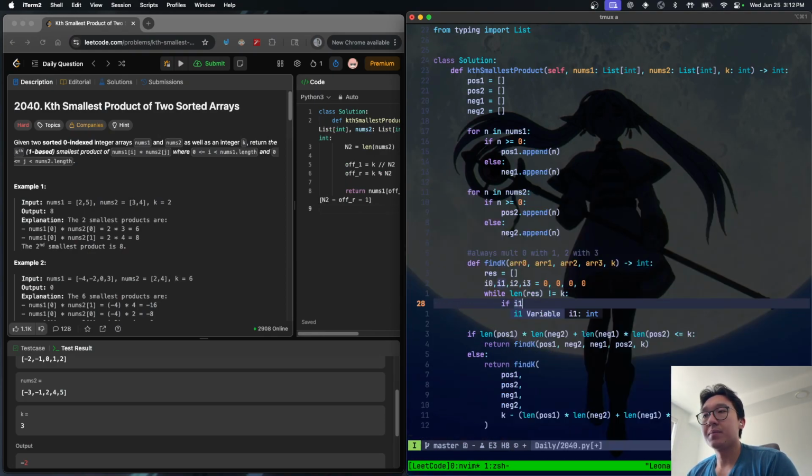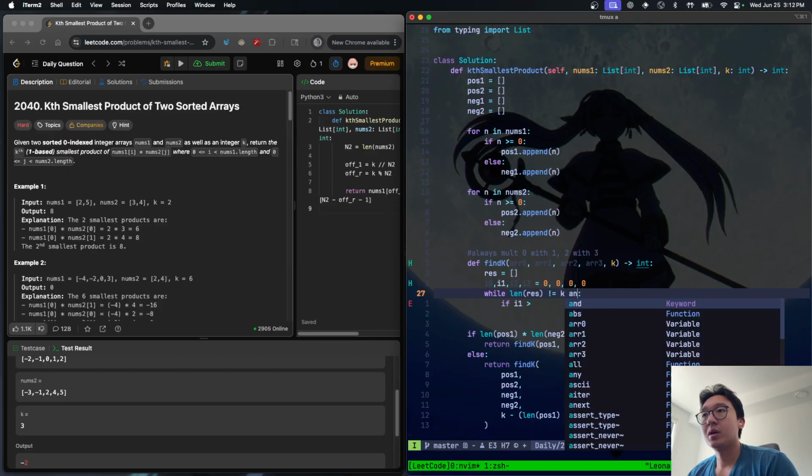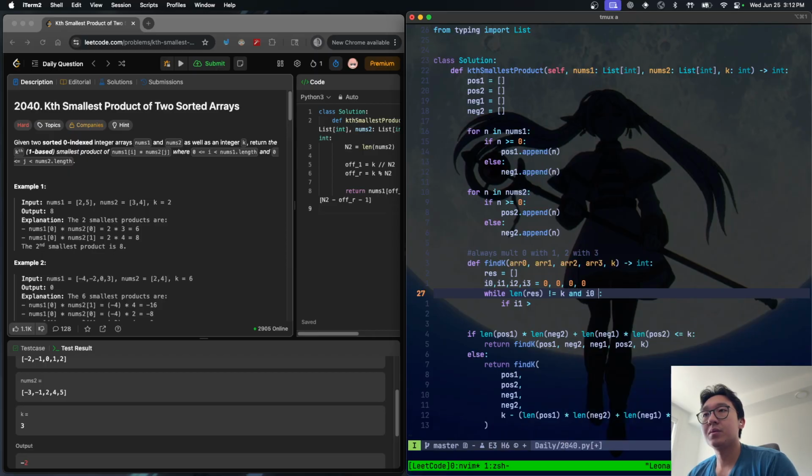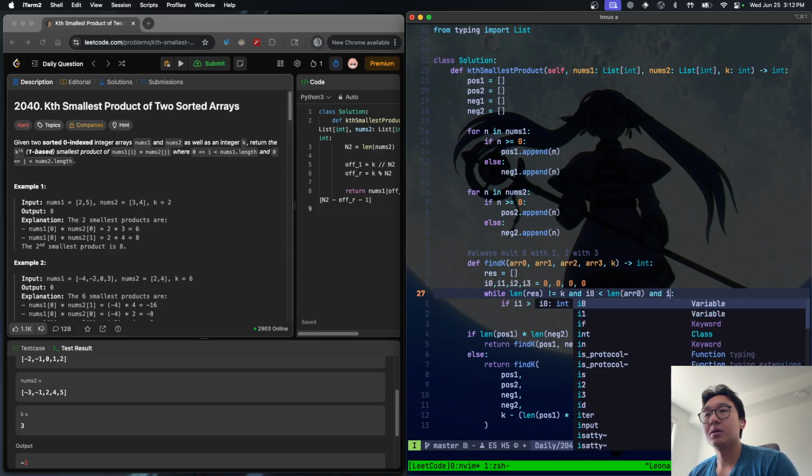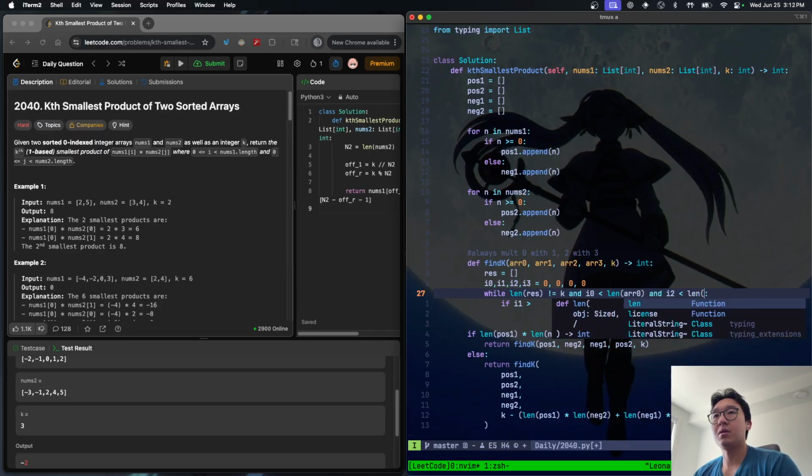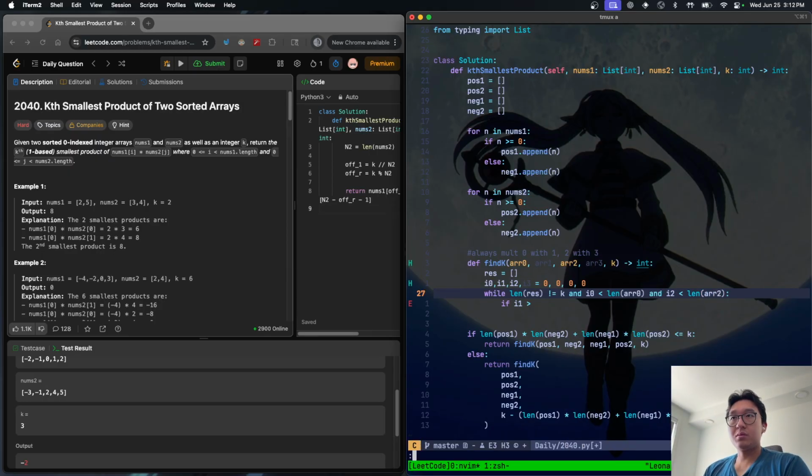If I1 is greater, and I0 is smaller than length of R0 and I2 less than length R2.